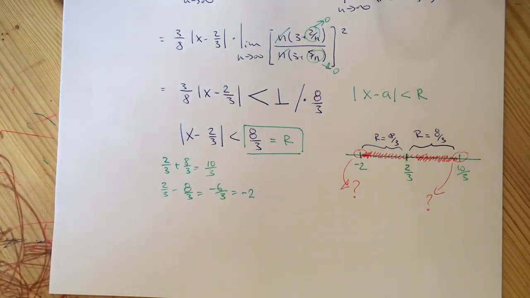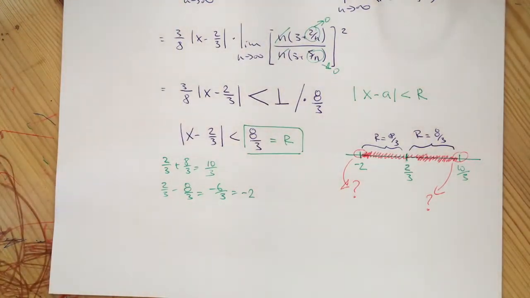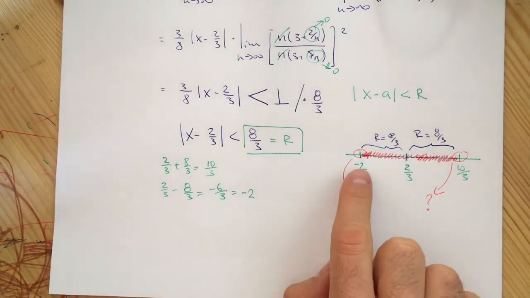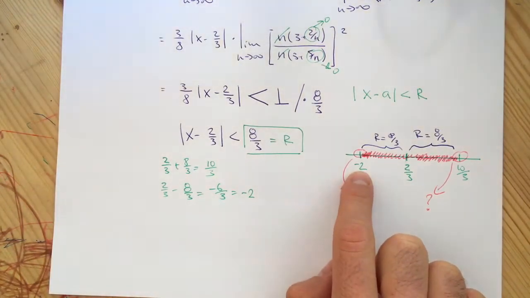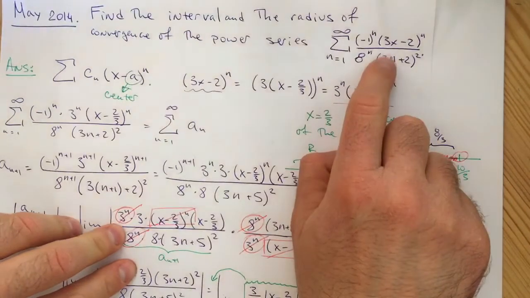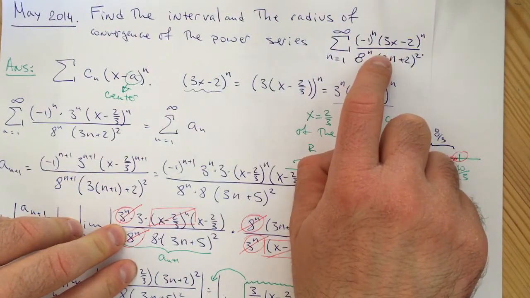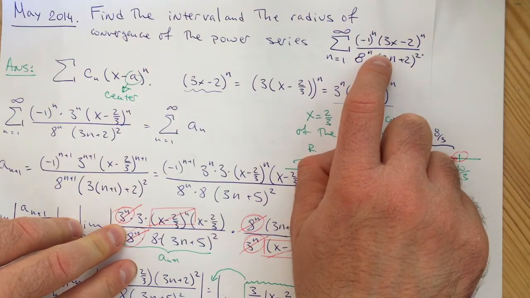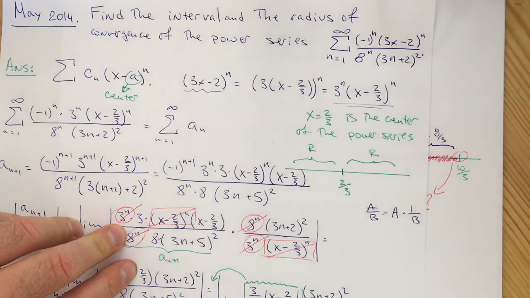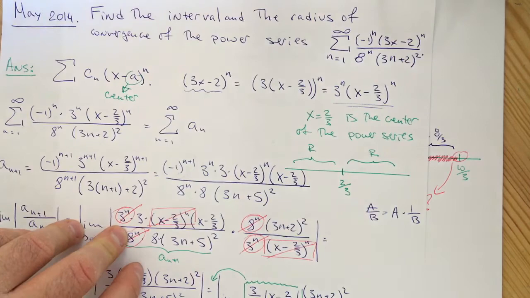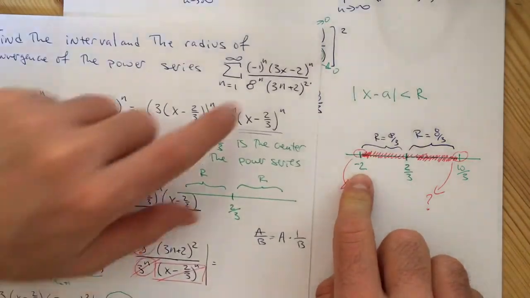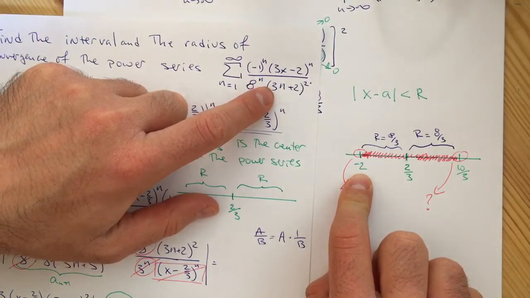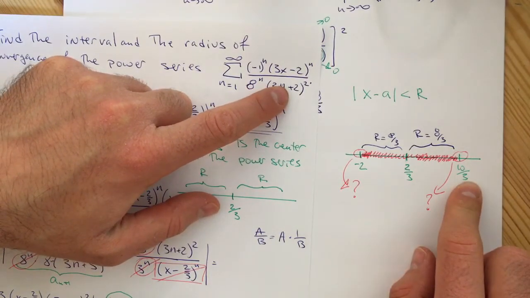In order to do that, we have to plug x equal to negative 2 into our original power series and check what kind of series we obtain, and then we're going to submit it to one of the tests that we know. Once we figure out whether the power series is convergent or divergent at negative 2, we move on to the second endpoint and we do the similar thing.